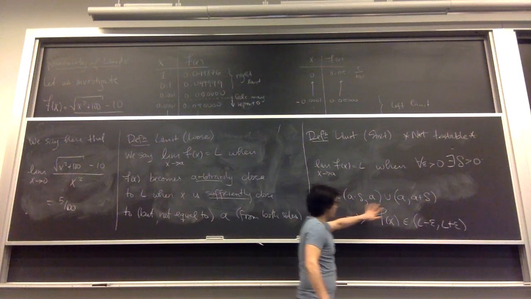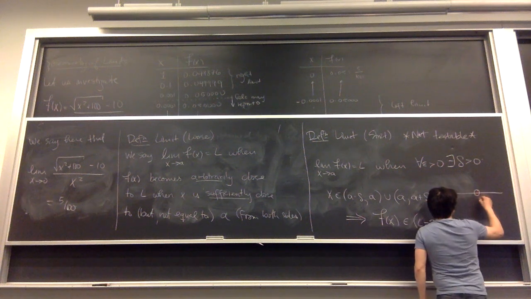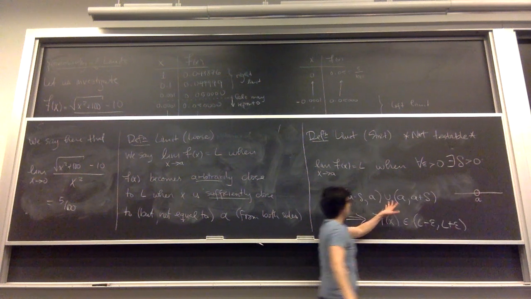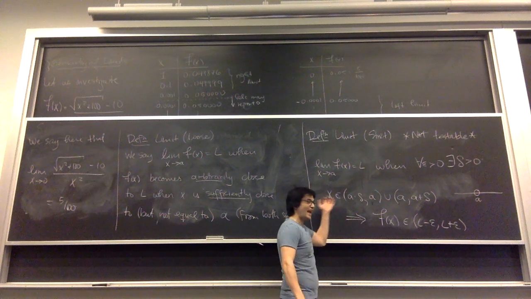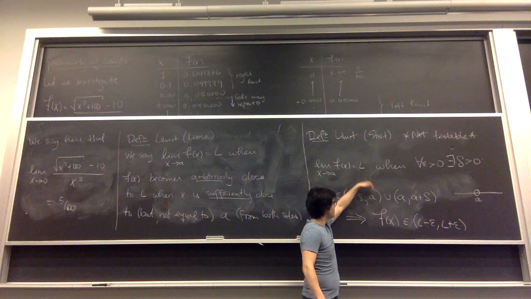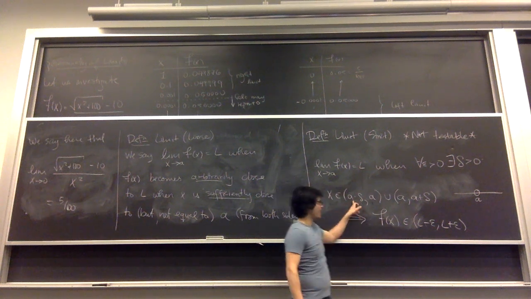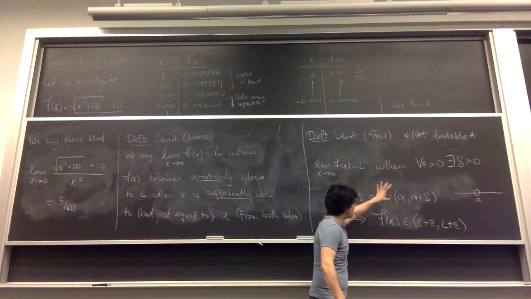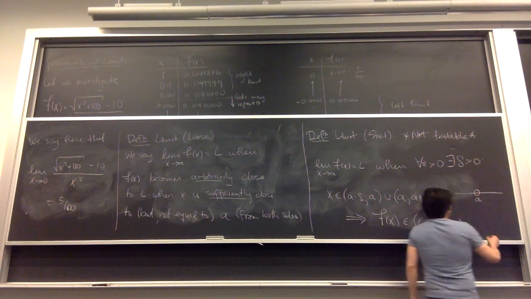So what is this interval I wrote here? I'm going to draw some pictures. So if this is A, and I wrote it like a union, so I can explicitly exclude A. X cannot attain A. I put an open boundary on both of these. Otherwise, I just would have written A minus delta to A plus delta. But this is an interval that excludes A, so I removed it.